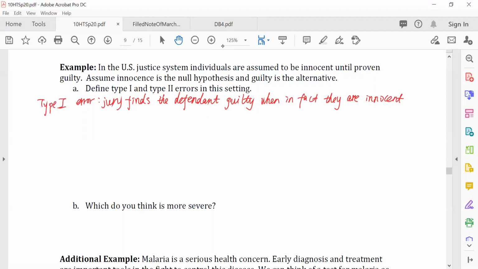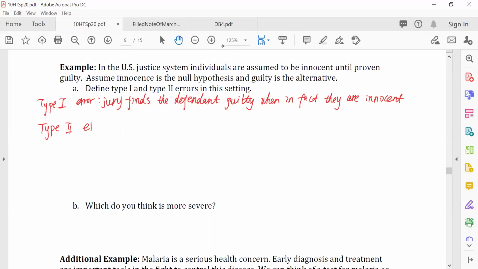So in fact, your H null is true, they are innocent, but you made an error, you reject H null, the jury finds them guilty. So this is type 2 error. I'm sorry, type 1 error.